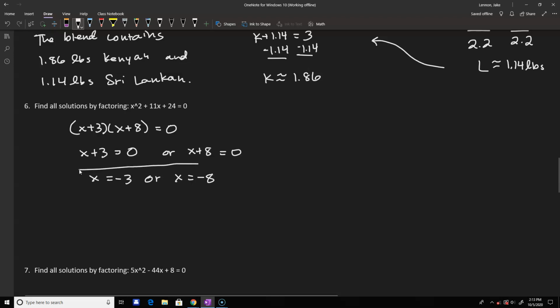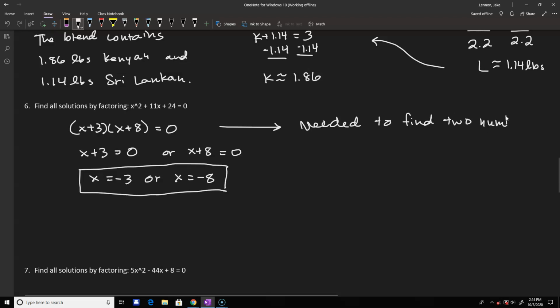That was the goal here: we needed to find two numbers that multiplied to 24 and added to 11.